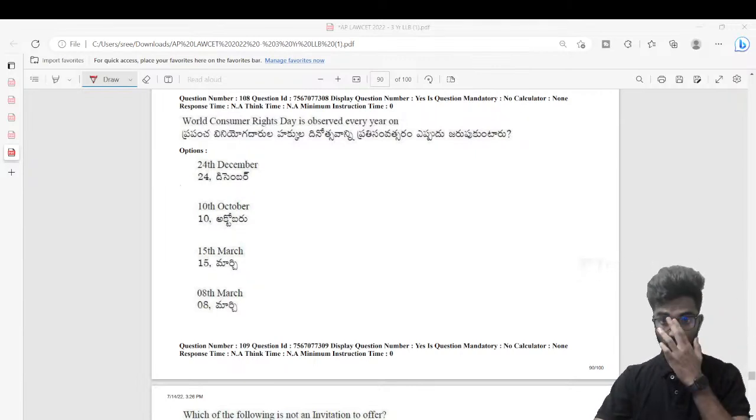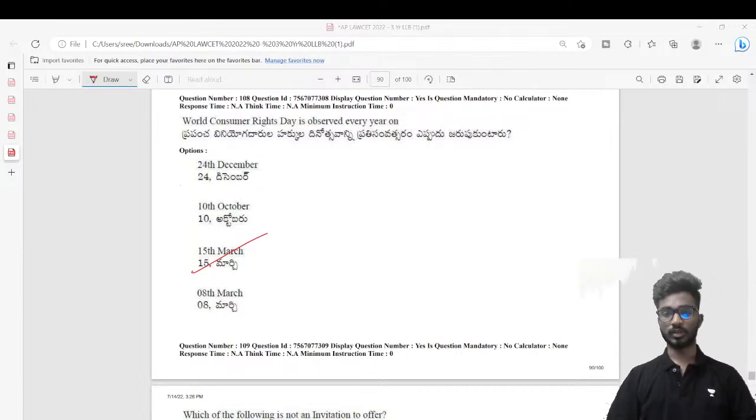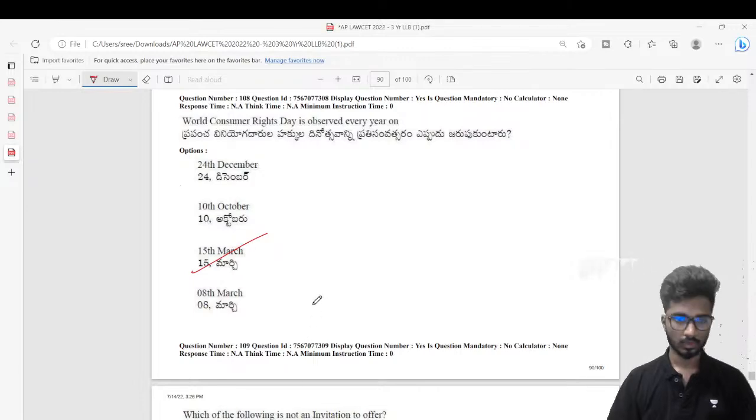What do you think is your answer? Very good. As we discussed in our previous class, 15th March is the right answer. In the current affairs class, I think we discussed this particular aspect. So 15th March is observed as World Consumer Rights Day.